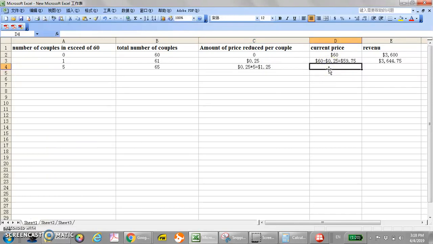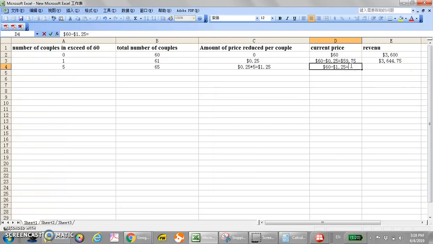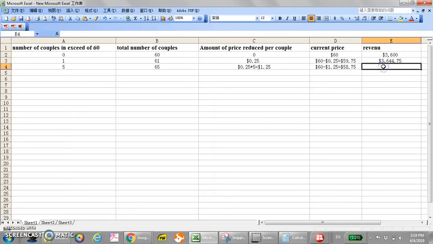So the price will be 60 minus 1.25, which is 58.75. And the motel's revenue is 58.75 times the number of couples coming to the dinner, so 3818.75.